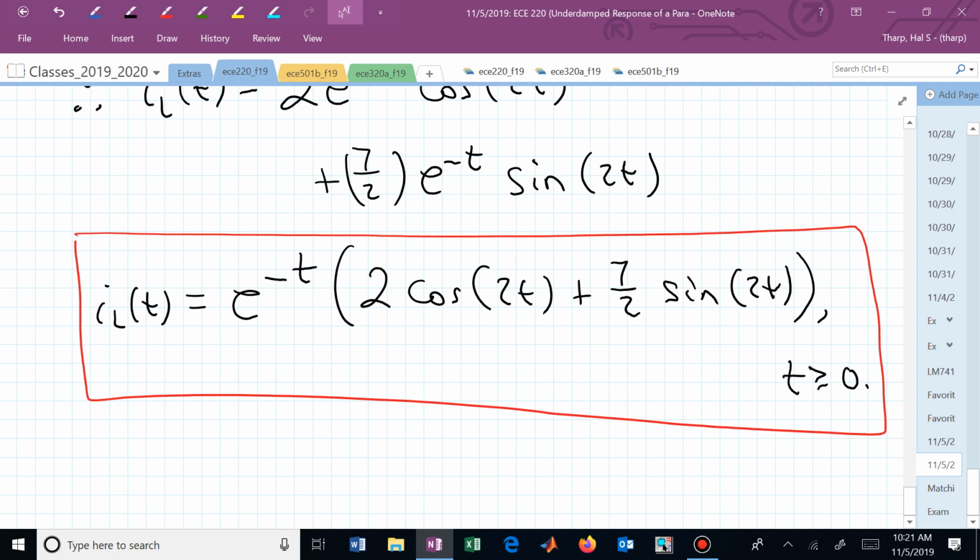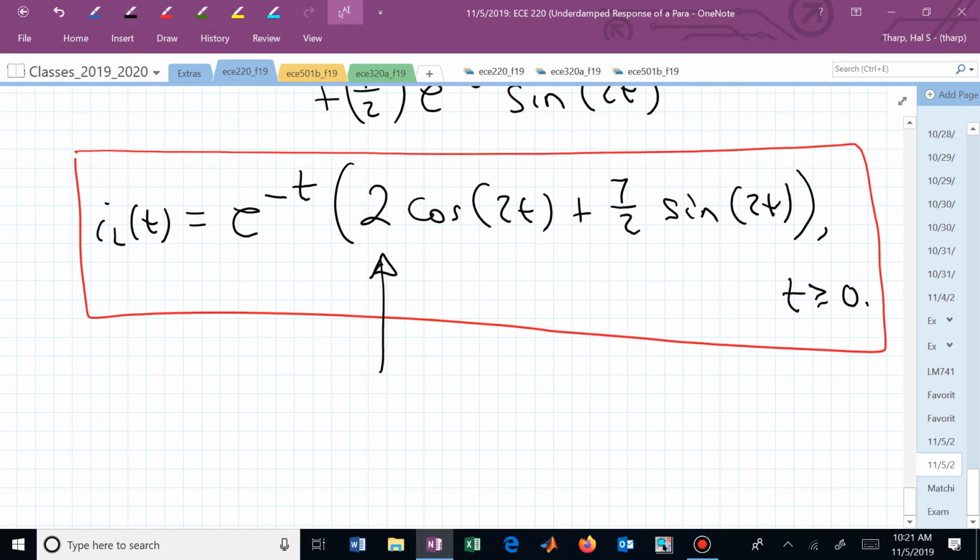But we could have assumed this form, with a B1 and a B2, and that's how you'll start from now on. You'll say, I know it's an exponentially damped sinusoid. I just need to find the B1 and the B2. Forget the complex algebra stuff. Let me just find the real B1 and B2. And that's what you'll do from this point forward.